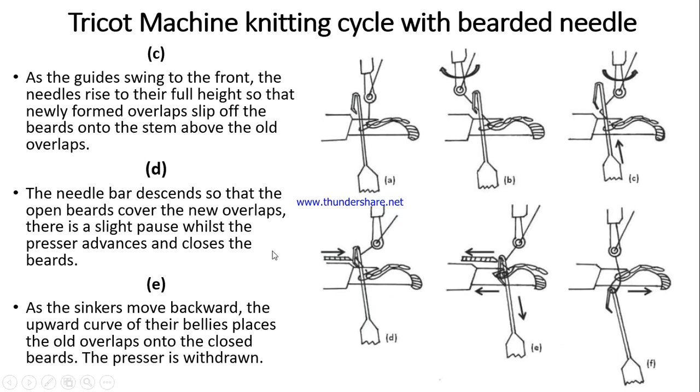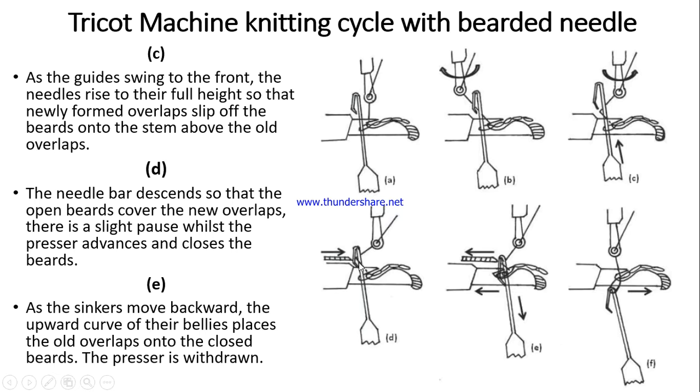The needle bar now comes to position D. The needle bar descends so that the open beard covers the new overlap. Now there will be the descending of the needle bar, so that means the needle bar is now moving in a downward direction, which will cover the new overlap. That means it will catch the slipped over thread.